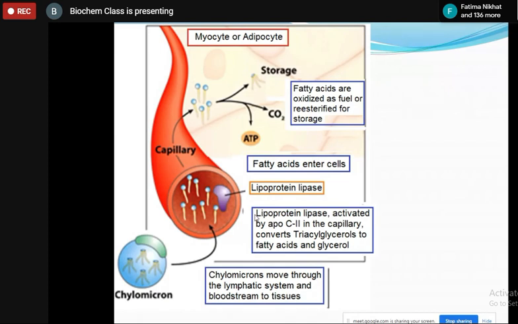I hope you remember the metabolism of all the different types of lipoproteins. So this way the dietary fat has reached the tissues via the chylomicrons. You should know all the enzymes required for fat digestion, the role of bile salts, and how they are again released in the blood.